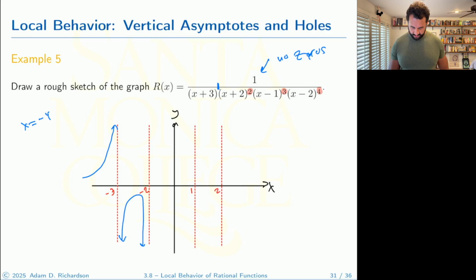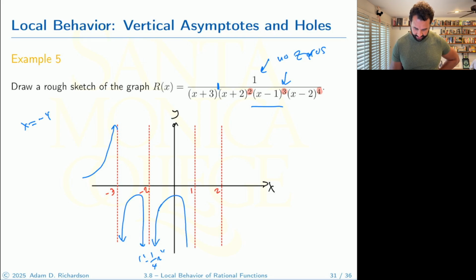Then let's see what happens next. It's also got to come down like this. This looks like negative 1 over x squared. What's happening over here? Let's see what goes on at x equals 1. The multiplicity is 3. There are no zeros, so it can't cross.